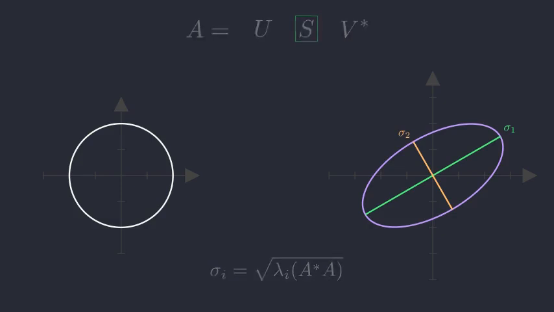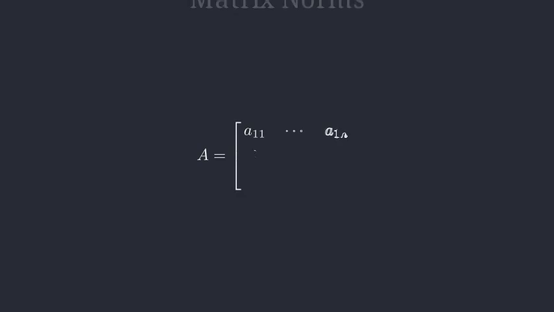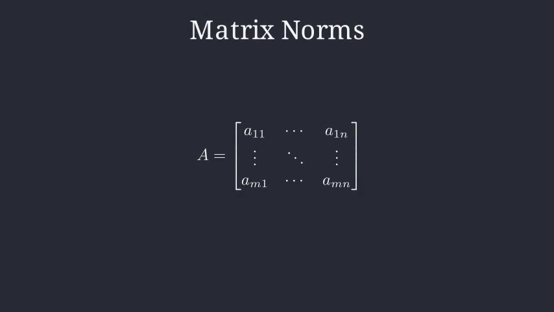Furthermore, the columns of U and V provide orthonormal bases for the four fundamental subspaces of the matrix, giving us a perfect geometric map of the transformation as seen in the relationship between the input sphere and the resulting output ellipse.